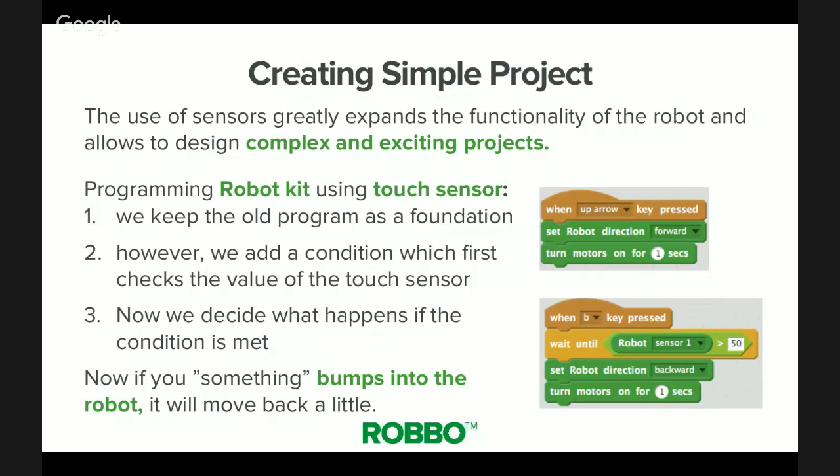And the second program is using sensors. So I will have a touch sensor. The touch sensor is identified by the icon with the hand and the pointing finger pressing. It looks like a button, but kind of like touching something.